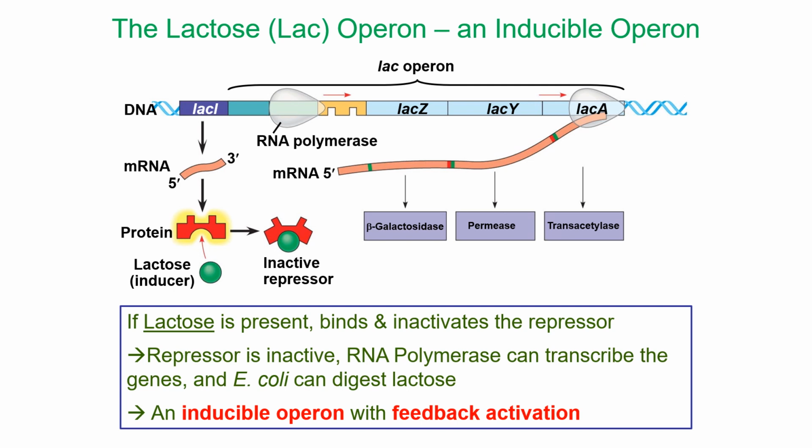So again, we have 3 proteins that are going to result. We have this beta-galactosidase. Don't worry about the names of these enzymes, but that's an enzyme that breaks down lactose. And then we have permease, which makes the cell more permeable to lactose, and something called transacetylase, which also assists with getting lactose into the cell.